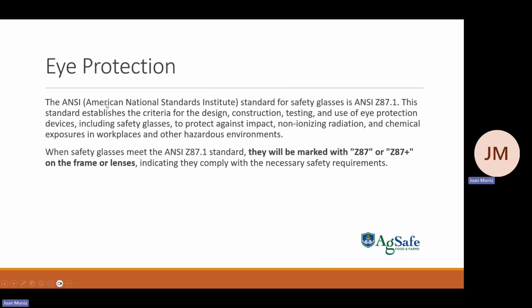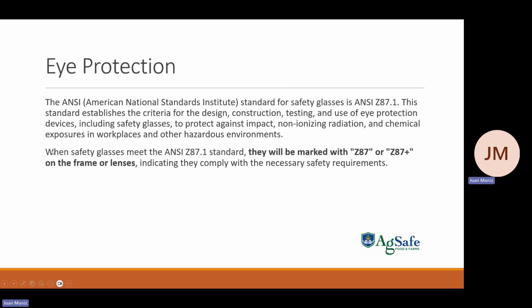So again, ANSI is American National Standards Institute. It's a standard for safety glasses, and it is usually referred to as ANSI Z87.1. This standard establishes the criteria for the design, construction, testing, and use of eye protection devices, including safety glasses, to protect against impact, non-ionizing radiation, and chemical exposures in workplaces and other hazardous environments.